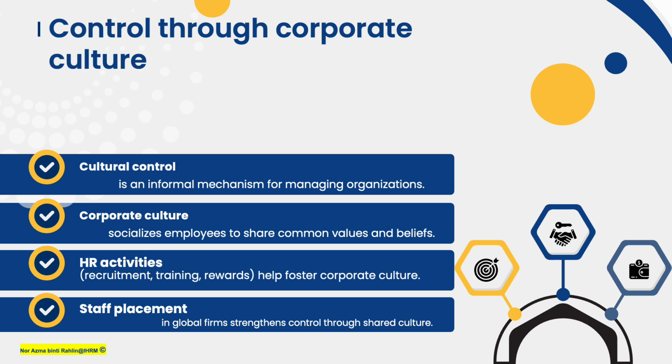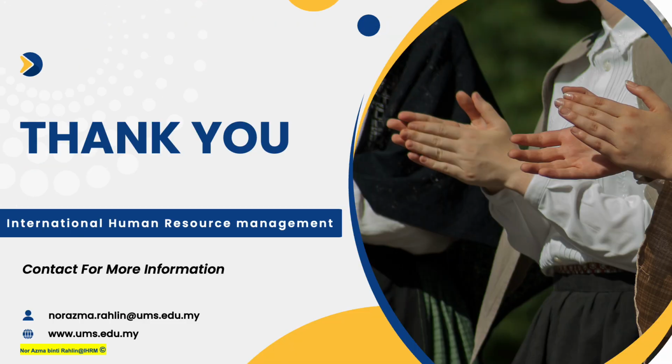Or we can control our human resources through HR activities via recruitment, training, and rewards. It helps foster culture in the organization. Another way is through staff replacement. In a global firm, strengthen control through shared culture.